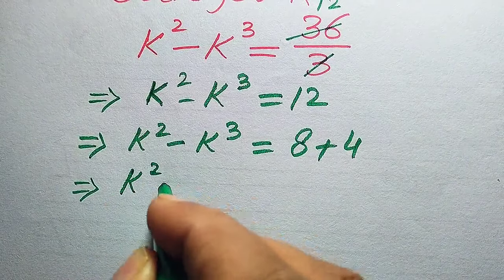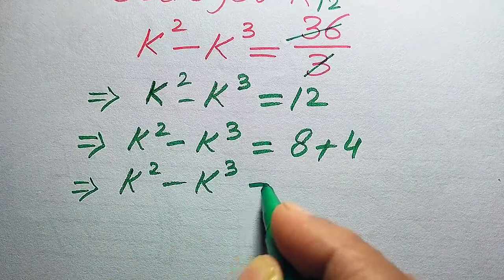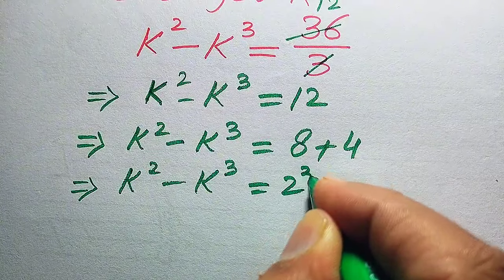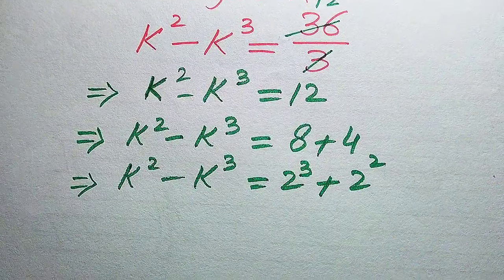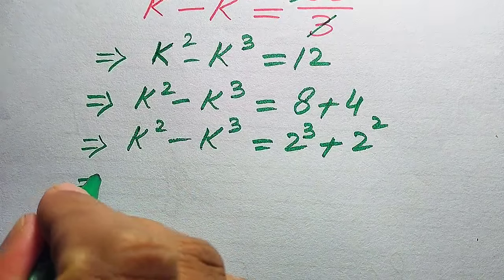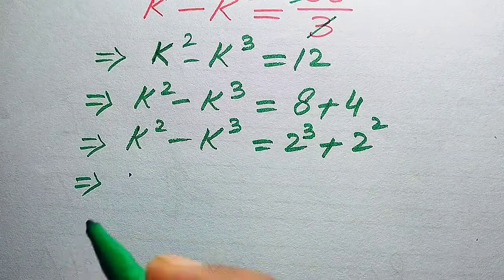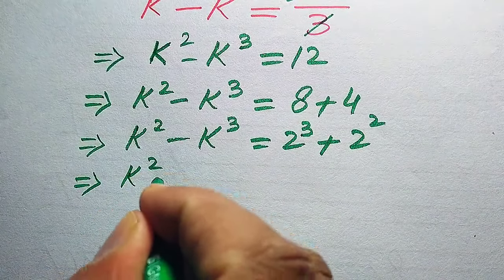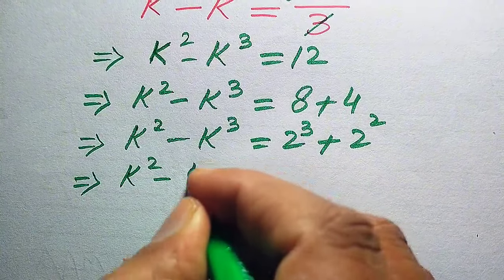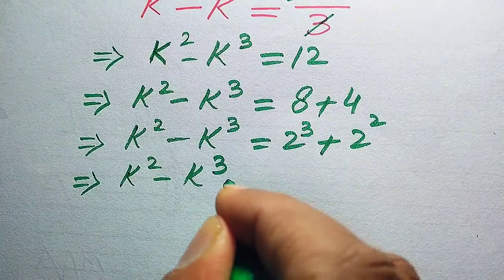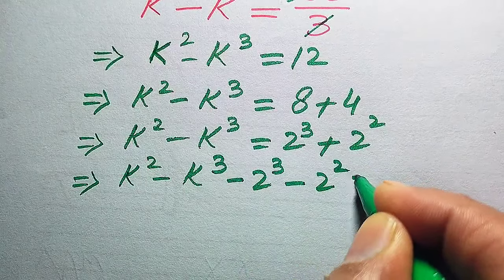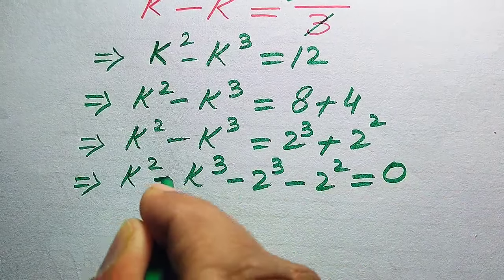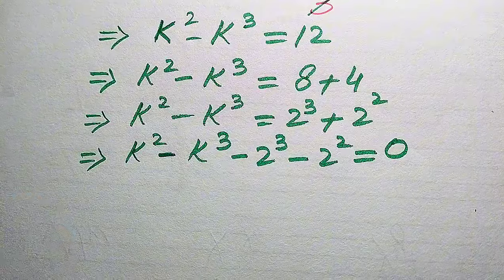The prime factors of 8 are 2 cubed and the prime factors of 4 are 2 square. Then we move both of these values from the right hand side to the left hand side, and it becomes k square minus k cubed minus 2 cubed minus 2 square, and this whole equation is equal to 0.